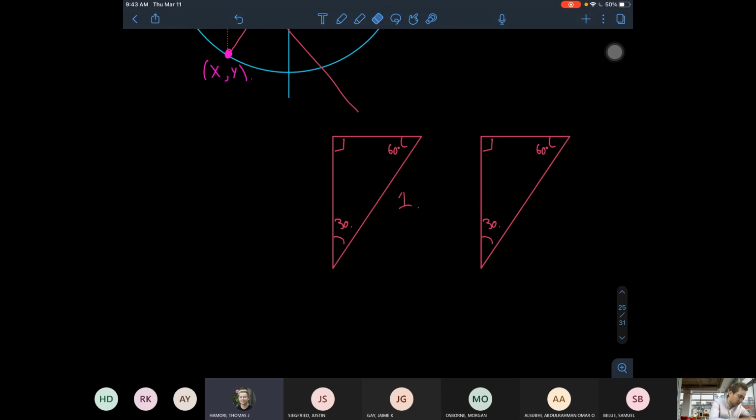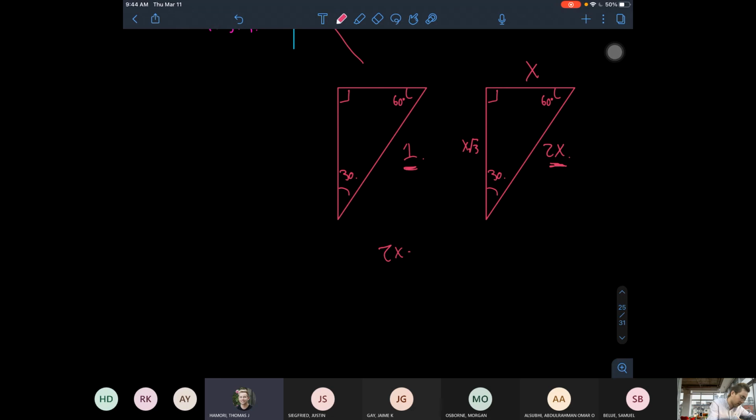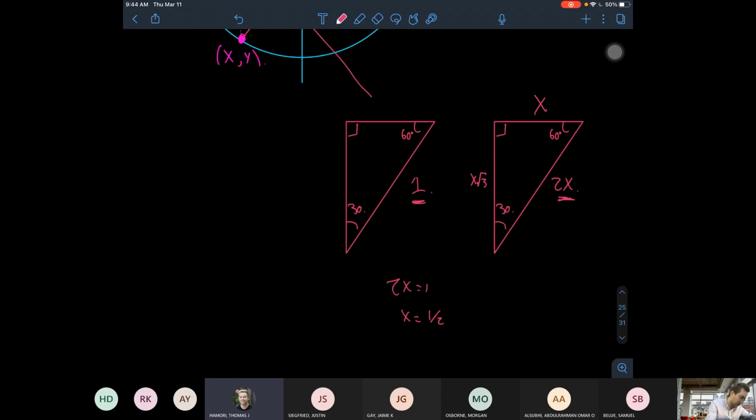My special right triangle rule said if I have a 30, 60, 90 triangle, then this side's x, this side is x times the square root of 3, and this side should be 2x. Well, I know that 2x is corresponding to 1 again, so I get 2x equals 1. So then I would have x is equal to 1/2. And then basically I could fill in the other sides.